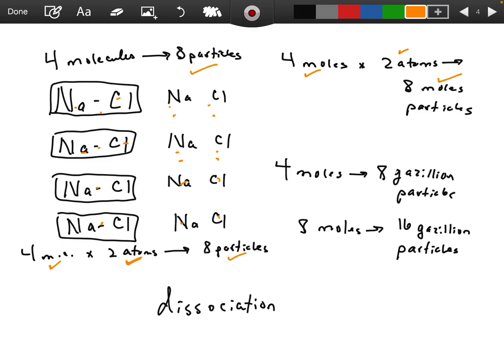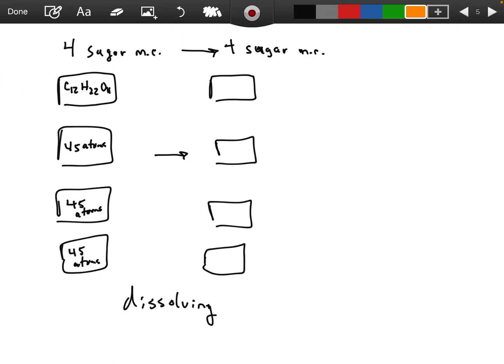That makes sense? 4 moles gives you 8 moles of particles because each molecule has 2 atoms. 8 gazillion sodium chloride molecules would give you 16 gazillion particles, or 16 moles, because each molecule has 2 atoms.